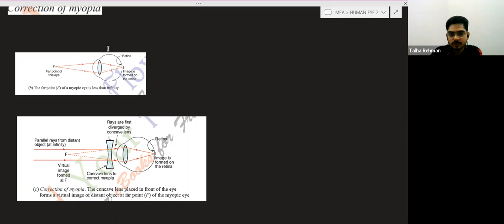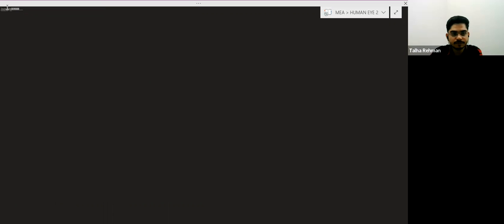Okay. So, calculation of power. See how we will calculate the power of a lens to correct myopia. In myopia, what type of lens do we use? Concave lens. So basically, we will find the power of the concave lens.